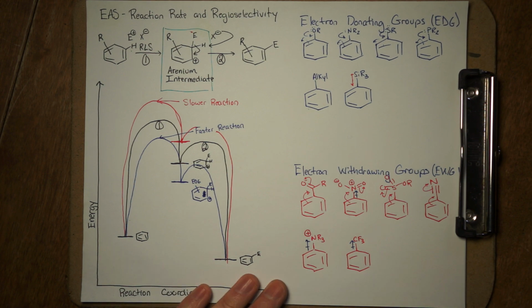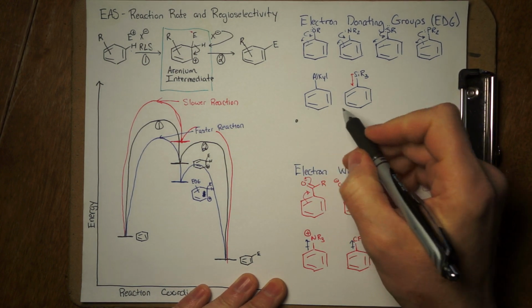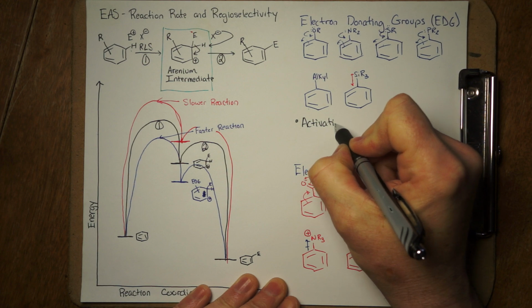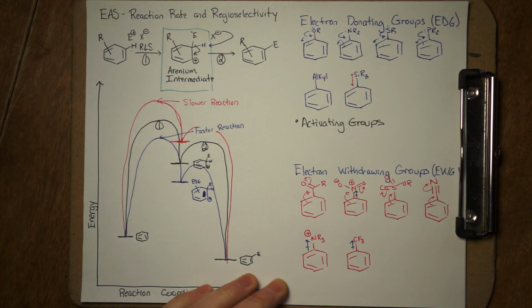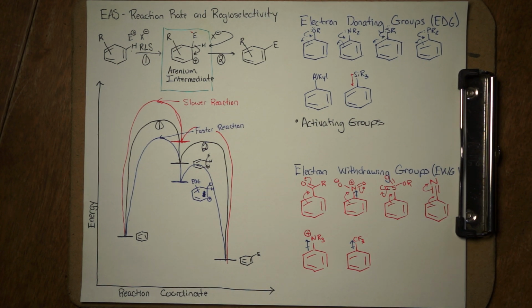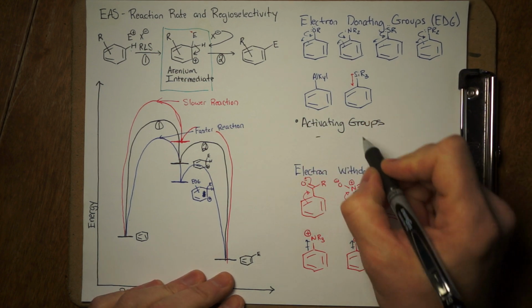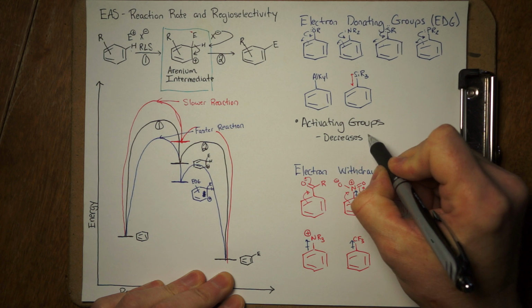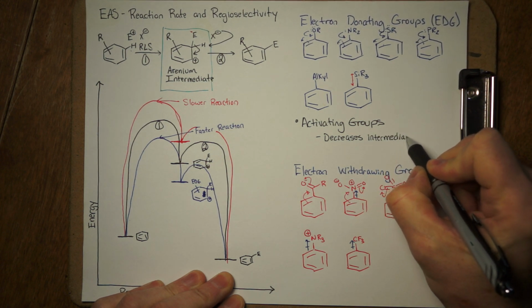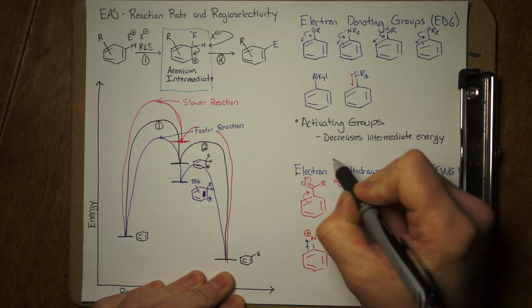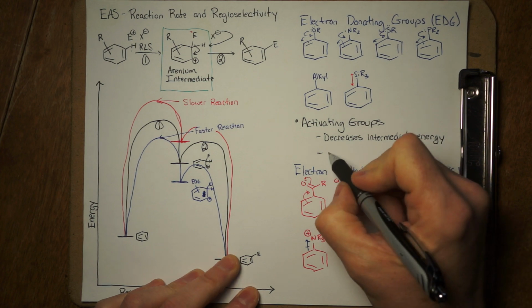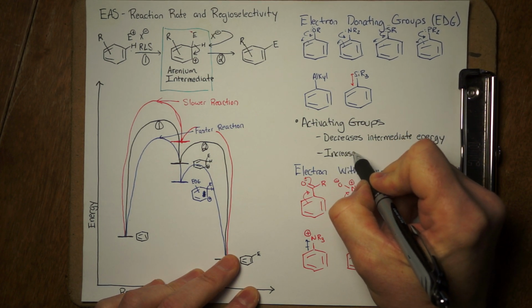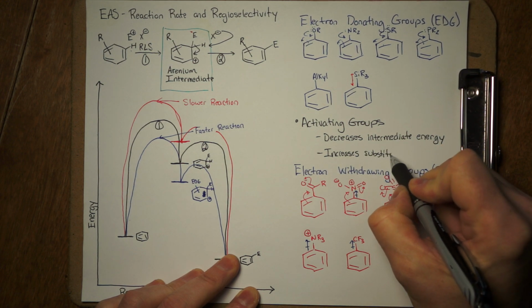We would qualify electron donating groups as being activating groups, meaning that they speed up that electrophilic aromatic substitution by decreasing the arenium intermediate energy, and increasing the substitution rate.